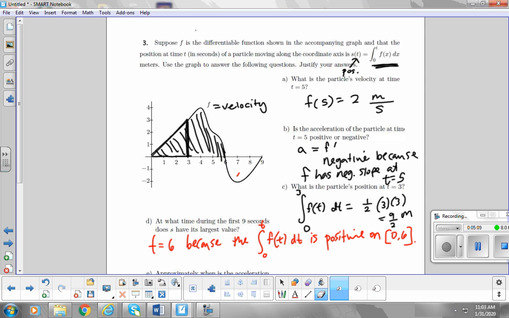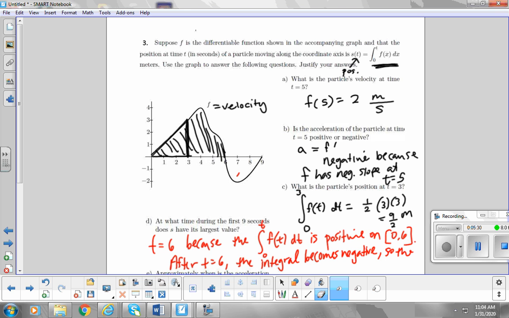And you could say, after time 6, the integral becomes negative. So what does that imply? What does it mean that the integral became negative?